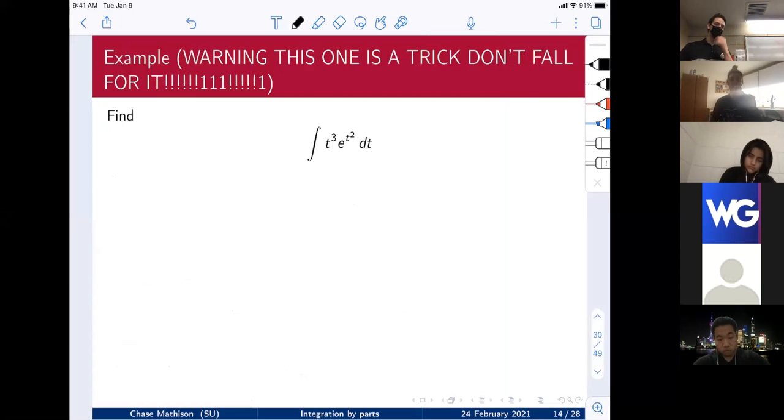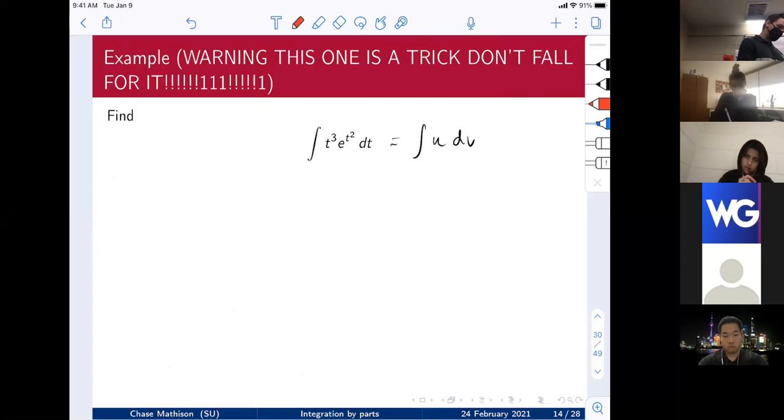But let's forget I had warned you about this really quick, and let's look at this. This definitely looks like the integral of u dv, right? And if I write out Liate, then what would I pick u to be? And what would I pick dv to be?